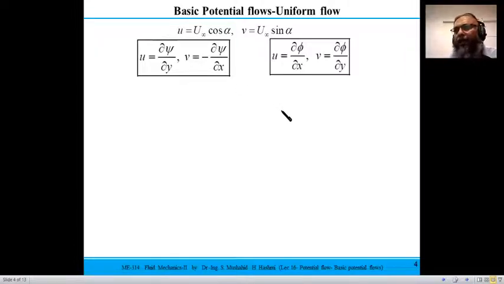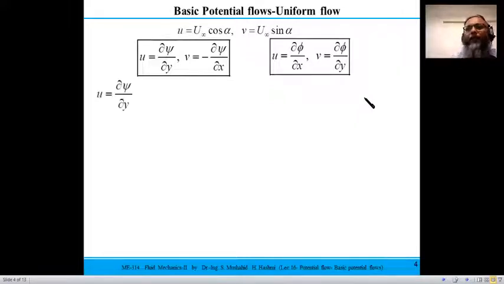Similarly, we can have expressions for the velocity potential function. If you know the velocity potential function phi, differentiate it with respect to x to get the u component, and with respect to y to get the v component of the velocity.